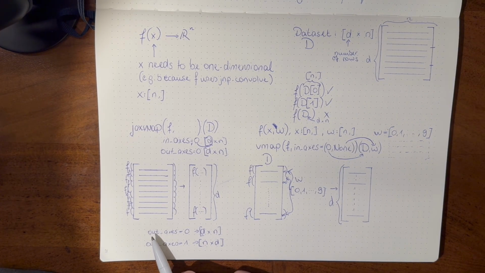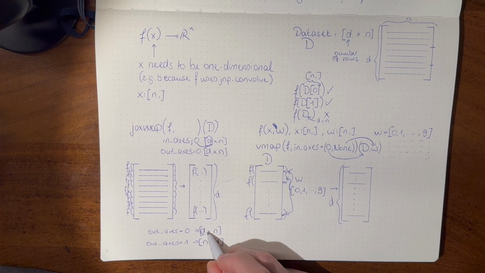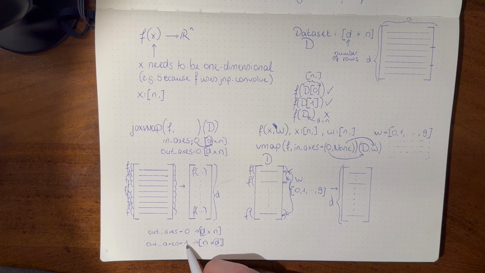If out-axis is 0, then you get a d by n matrix. But if you say the out-axis is 1, then this means you put the output dimension at the axis with index 1, which refers to this because we are using 0-based indexing. And as you can see, this transposes the matrix because it now has put the output dimension at position 1 right here.